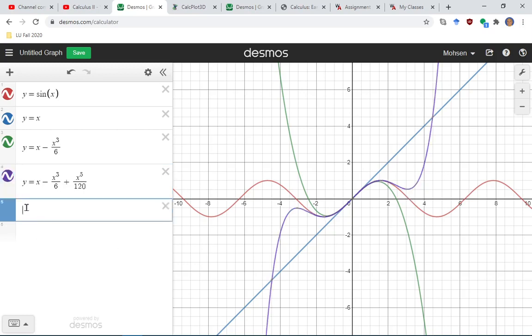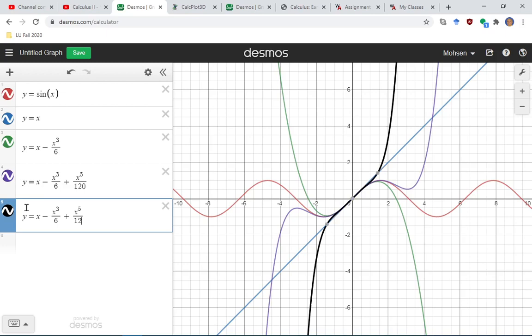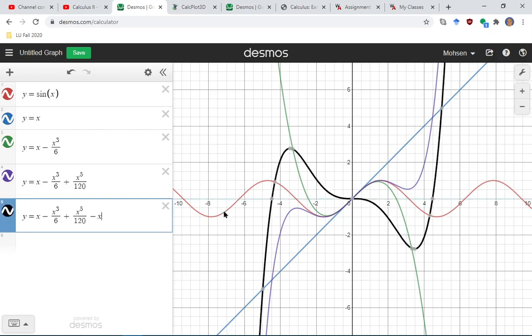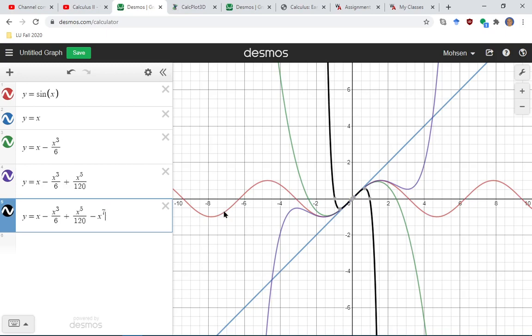What do you think is going to be next attempt we are going to make here? So I copy what I have so far, x minus x cubed divided by 6 plus x to the power of 5 divided by 120, and then, well, you can guess that if I subtract some terms, I might make this come even closer, and so what we are going to have is a sequence of odd powers of x, and next one is going to be of course 7, and by now that's the black curve.